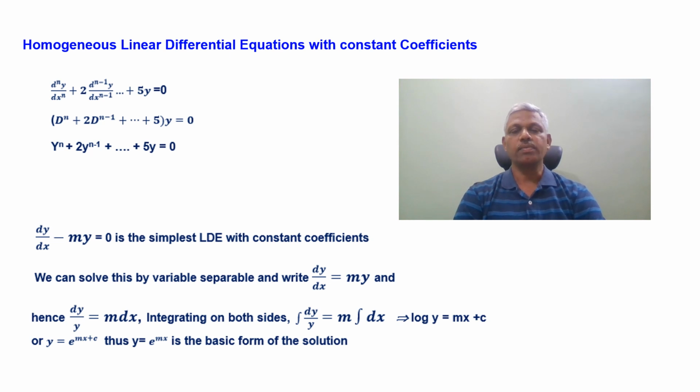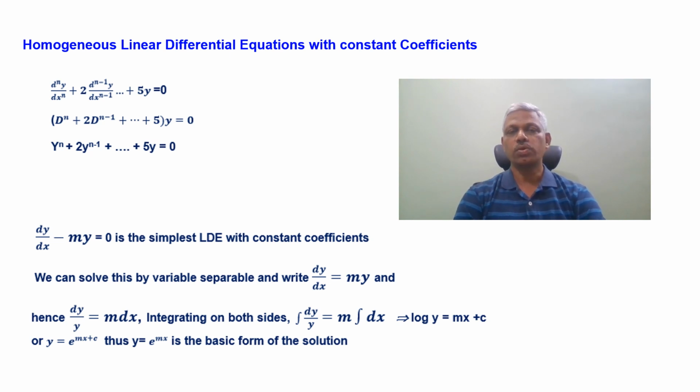Once we separate the variables, dy by y is equal to m dx, we integrate both sides, so the integral of dy by y is equal to m times the integral of dx. Integrating, log y is equal to mx plus c, where c is the constant of integration. Taking exponentiation on either side, y is equal to e^(mx+c) is the most general solution.